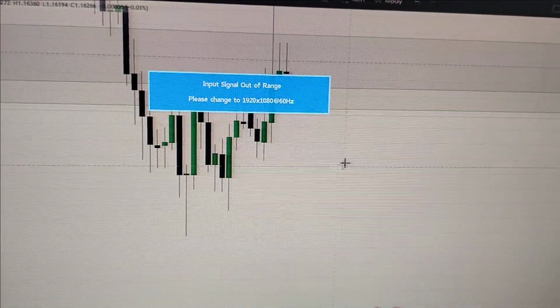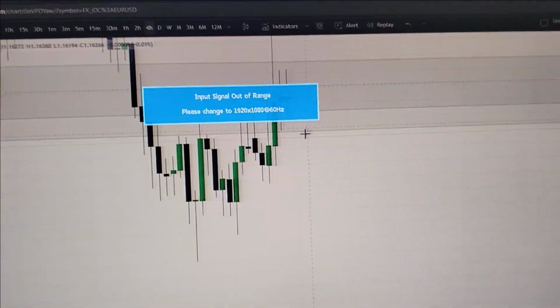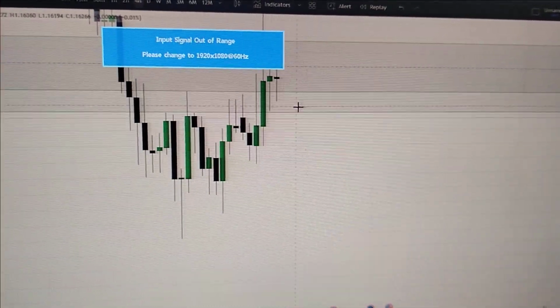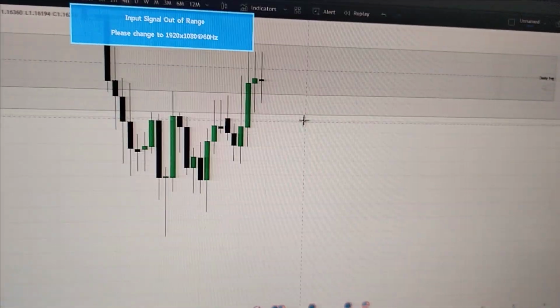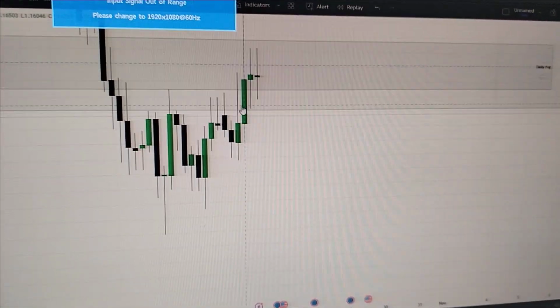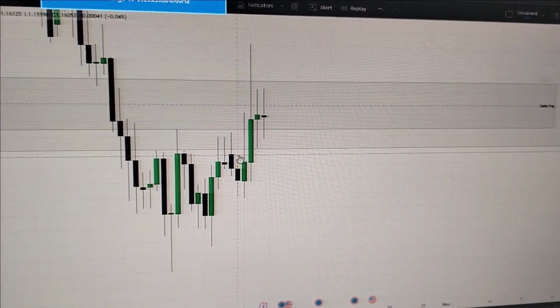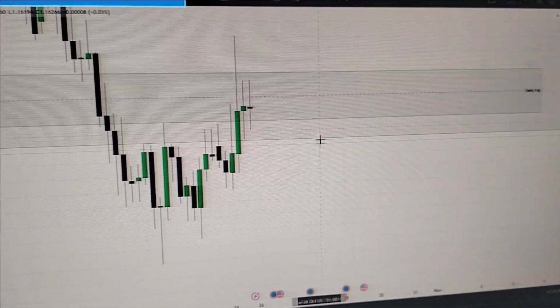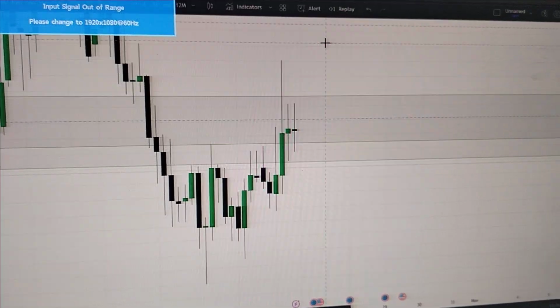So wait for a fair value gap to form in the 4-hour time frame, so that you can enter with that fair value gap going down. If that fair value gap is not created, most likely we will be continuing with the higher prices.